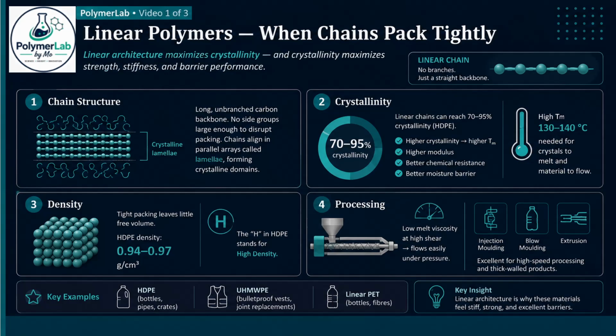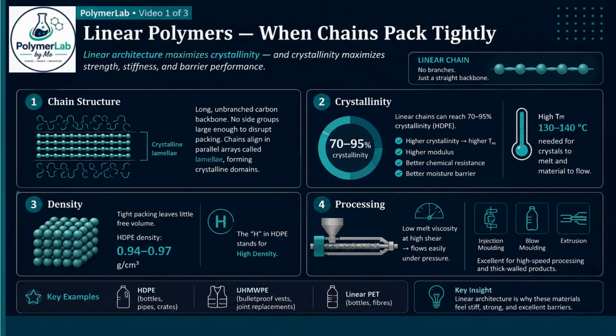Let us spend some time on linear polymers. They might seem simple, just straight chains, but their properties follow directly from this simplicity in a very elegant way. Because the chain is unbranched, neighboring chains can approach each other very closely.